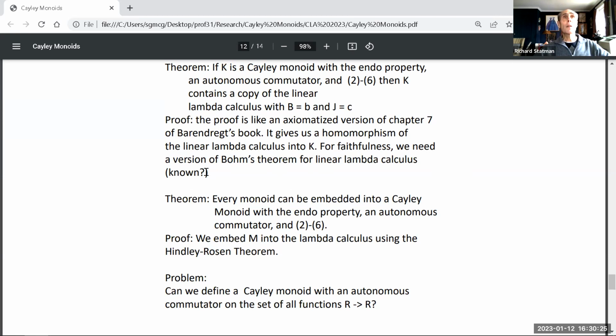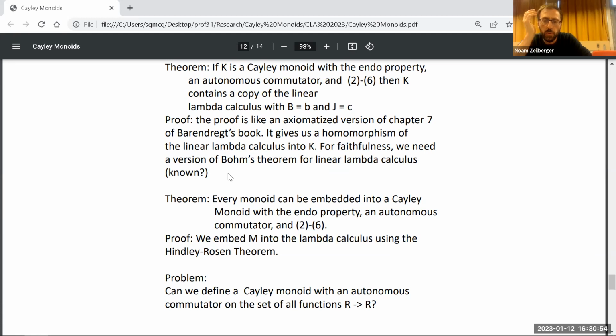There may very well be a known version of this, and if anybody knows of one, please tell me. I have to verify this myself. But there is such a theorem, and it verifies that the homomorphism is in fact faithful. So you get a copy of the linear lambda calculus inside of any Cayley monoid satisfying 2 through 6, endo property, of course, and autonomous commutator.